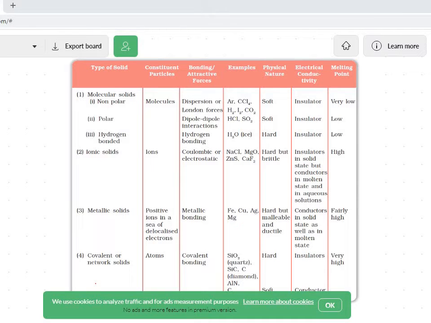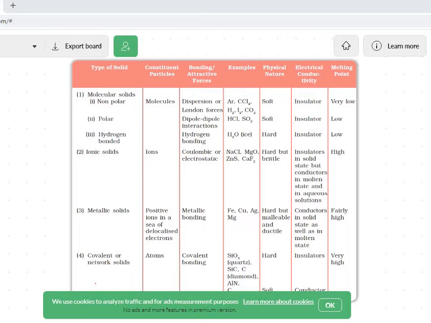The crystalline solids are classified in 4 categories. You may see one table on your screen which mentions the classification of crystalline solids. Let us now learn all about the categories.